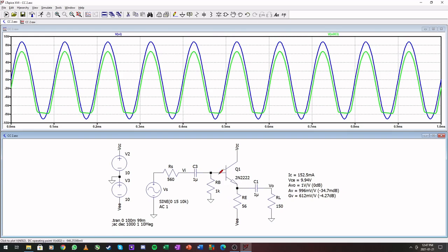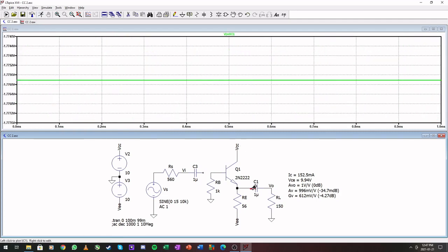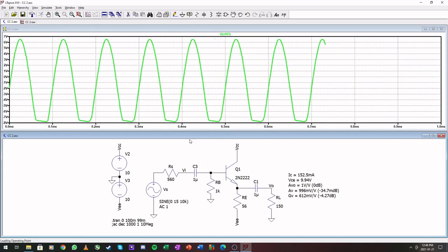That is due to the VBE that we have here. Okay, so this should be in the middle. We cut this part right here, almost in the middle. So this little drop here is what's limiting our output and why it's cutting off at the bottom of the signal right here.